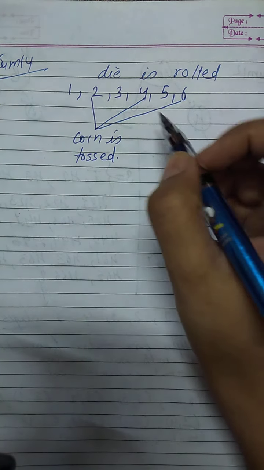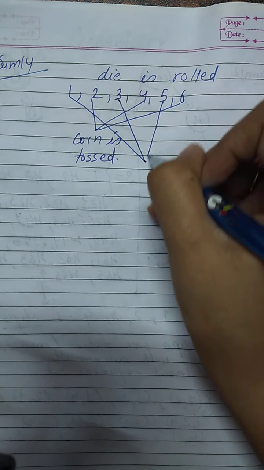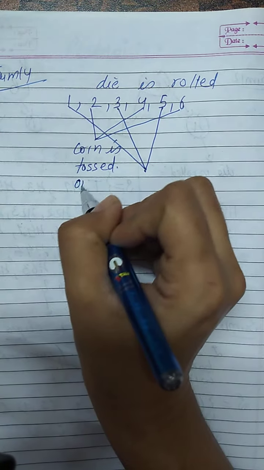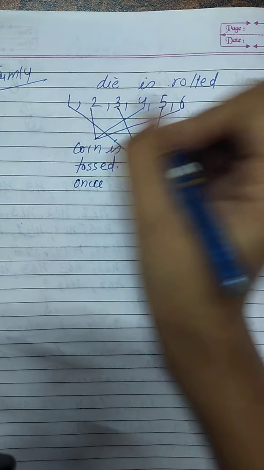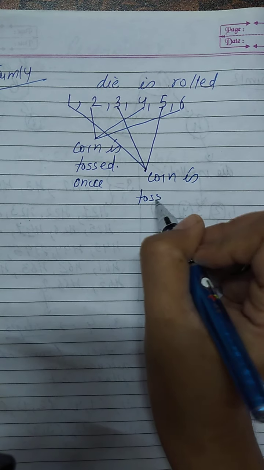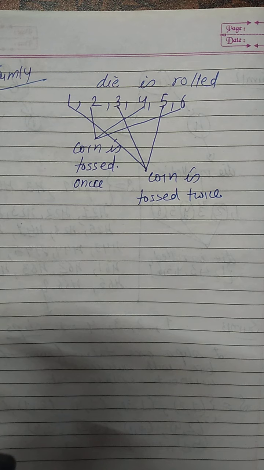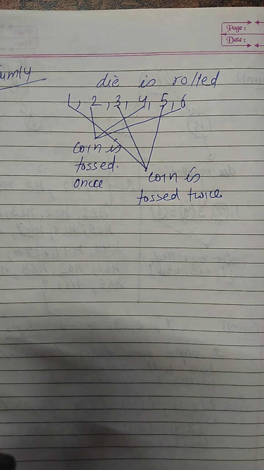So when odd number is coming, that means 1 or 3 or 5 is coming, coin is tossed twice, right? And we have to write down the sample space for this experiment.